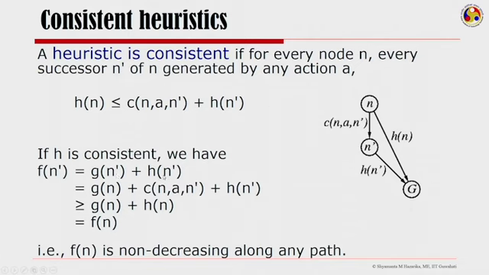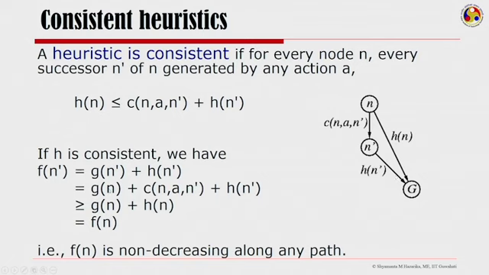But we have already seen that g of n prime, the total cost, is the total cost at n plus the cost of action A from n to n prime. So we can substitute here, g of n prime by g of n plus c of n, A, n prime, and h of n prime is the estimate that is already added.